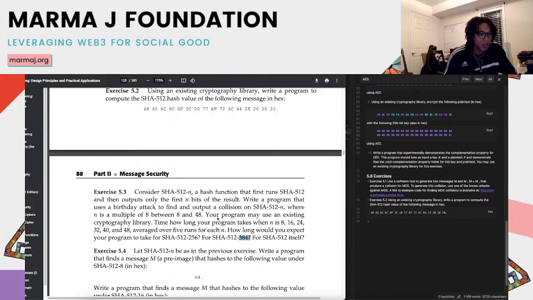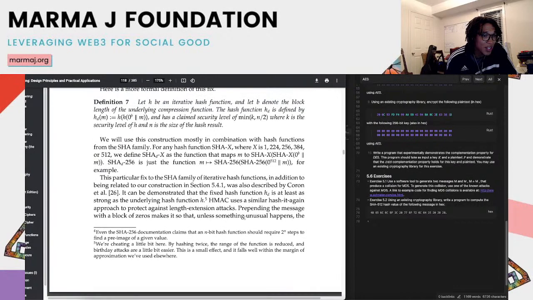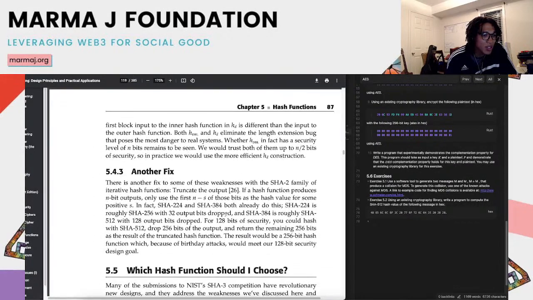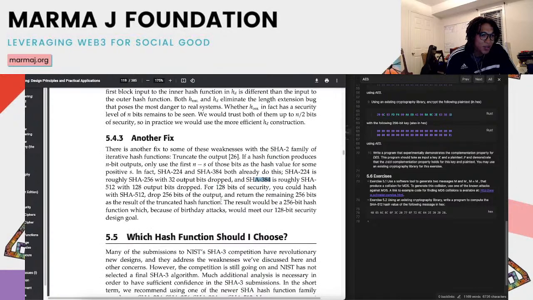Okay, yeah, I'm already getting confused about truncating the output. Let's see. I thought it was... Yeah. You drop 32 bits here, right, is 512 with 128 bits dropped. Right. So if you use SHA-512 and you dropped 300 bits, you'd have 128 bits of security.